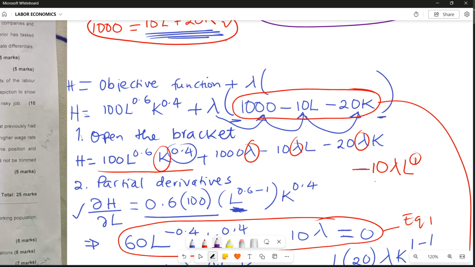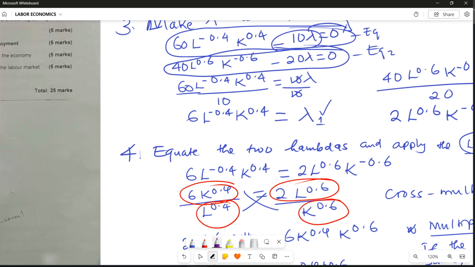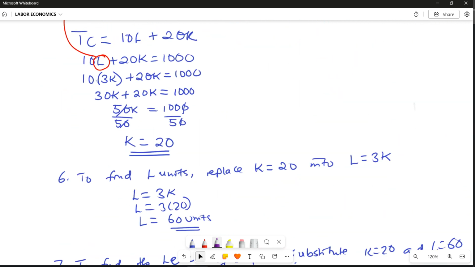And then B now is saying, well, can you give me the values of capital and labor? So you just say, as shown above, the optimal amount or the optimal combination of capital and labor is 20.